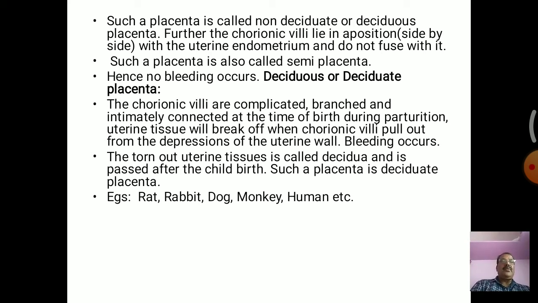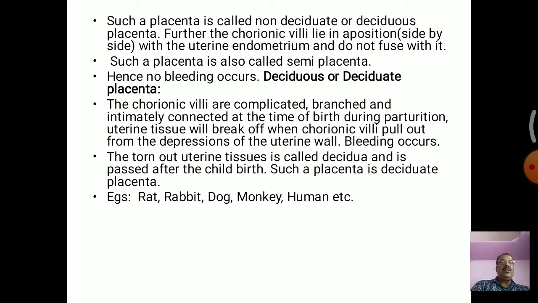Here the chorionic villi are complicated, branched and intimately connected at the time of birth. During parturition, uterine tissue will break off when chorionic villi pull out from the depressions of the uterine wall. Bleeding occurs.